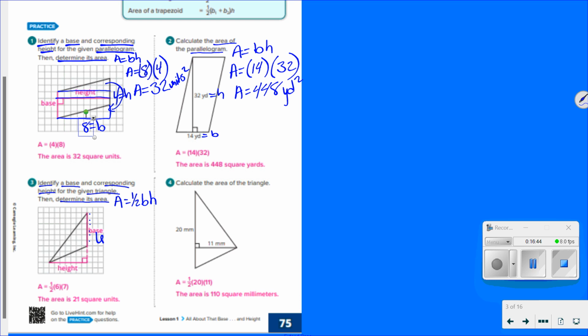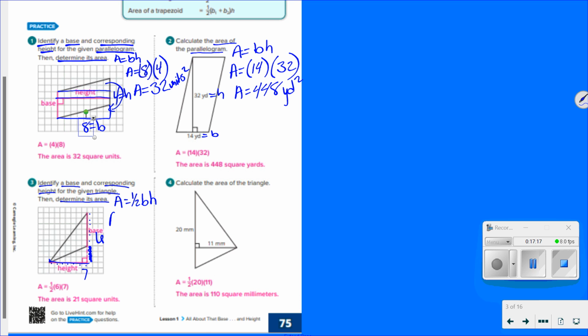Our height is going from the very top, and you're going to draw a line down to where the base would be. So then it's 1, 2, 3, 4, 5, 6, 7. So our height is 7. If you are going to draw your line to make your magic square, we're not counting these squares. They do not exist as part of the base. So don't add those in.